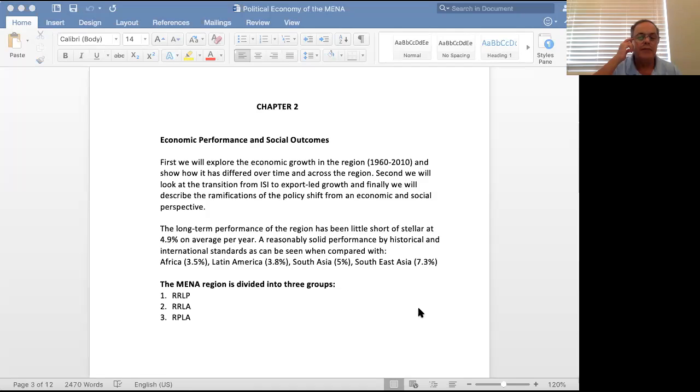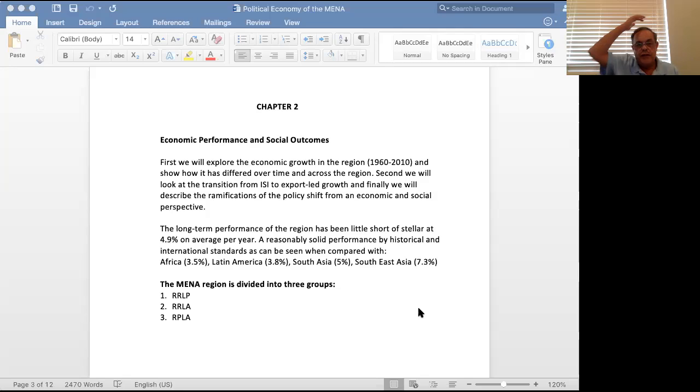But we will talk about that. So these are the 3 categories that we're going to be using when it comes to trying to determine the economic performance in the MENA region. So we're going to lump countries into those 3 separate groupings.